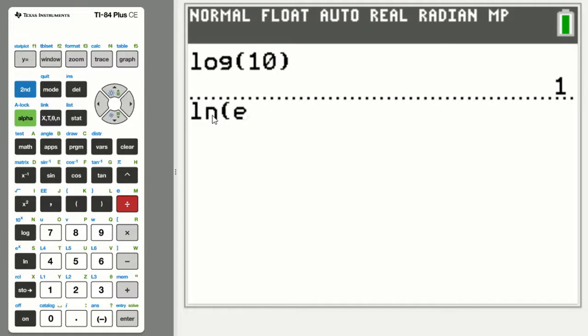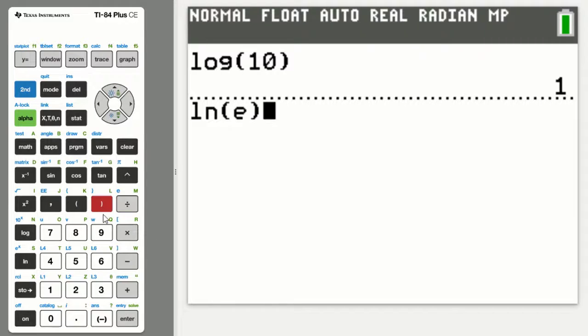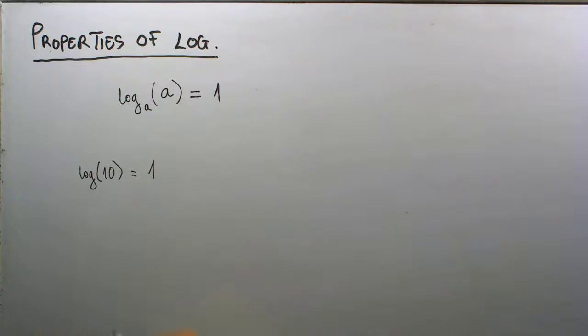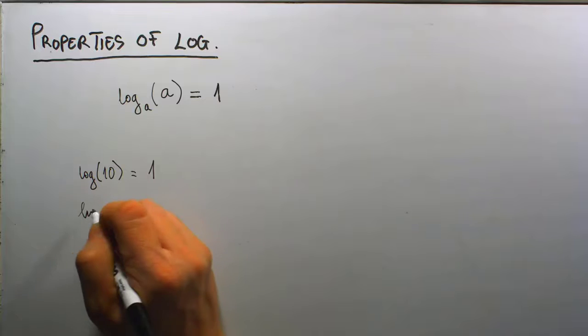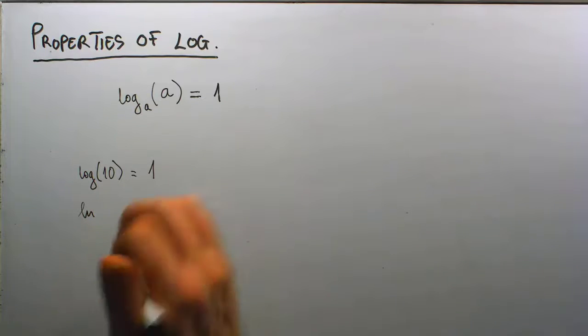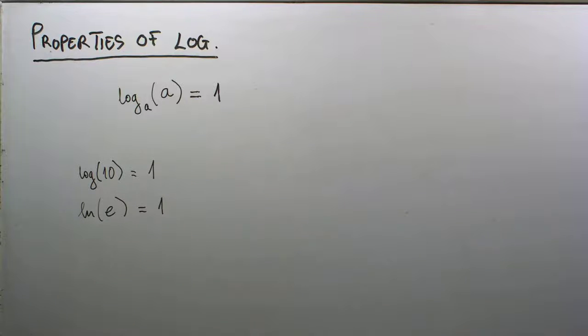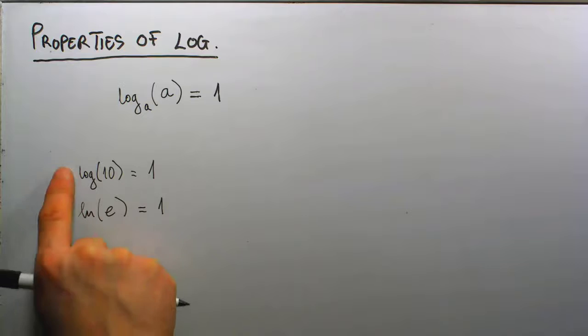And so this is log base e of e. Notice again, my intention here is to calculate the logarithm of a number where it is exactly equal to the base of the logarithm. The answer equals 1. So what we have seen just now, natural log, or log base e of e, equals 1.